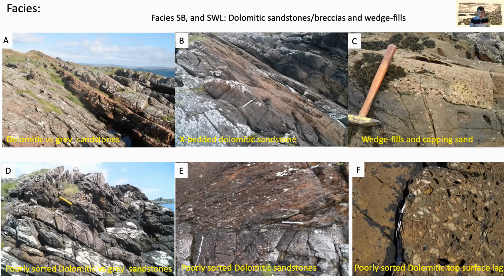The dolomitic sandstones are relatively poorly sorted, as I said, and sometimes they have top surface lags, as shown in F, which indicate either wind ablation or current erosion, collecting the coarse grained lag material on a top surface.